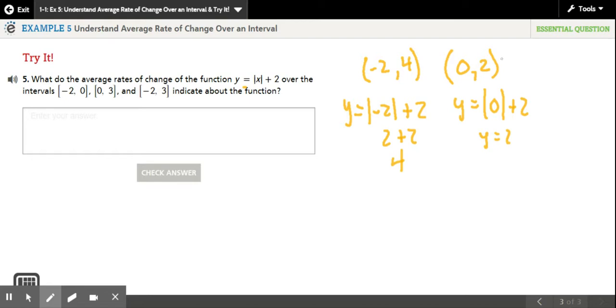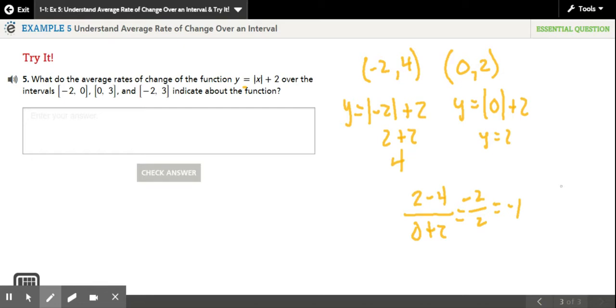So the average rate of change is going to be the change in y. So 2 minus 4 over 0 minus -2, so 0 plus 2. Okay, and then that equals -2 over 2, which is -1.